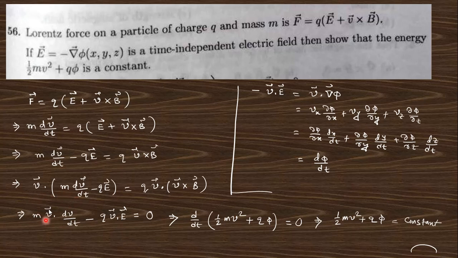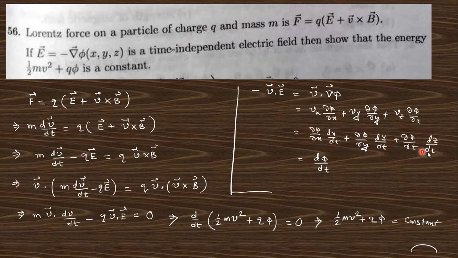Just taking this m, this is nothing but the derivative of half m v², and this can be written as qφ, because v dot E is nothing but, E being minus grad φ, v dot grad φ. So this is vx ∂φ/∂x, vy ∂φ/∂y, vz ∂φ/∂z, and vx is nothing but dx/dt, vy is nothing but dy/dt, and vz is nothing but dz/dt.